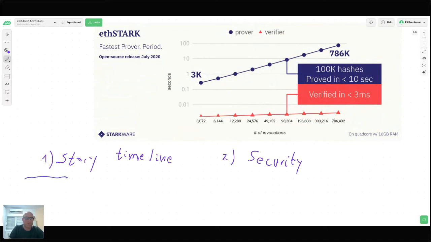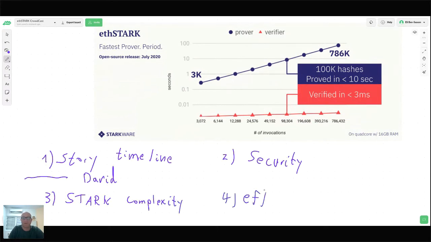Then I'll hand it over to David, who headed the project at StarkWare, and he will talk about the Stark complexity of hash functions. He will also talk, time permitting, about their efficiency as hash functions. So I'll start with the story timeline, talk a little bit about security, then hand it over.